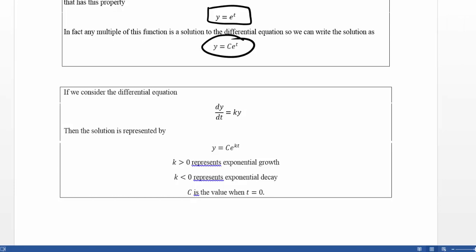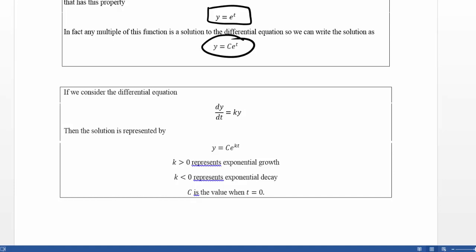So consider now dy/dt equals ky. Almost the same as the last, only now we have this k in there. And we know from previous examples that k tells us that our differential equation has a proportionality constant. What does that mean? This says the derivative is proportional to the size of the population, right?